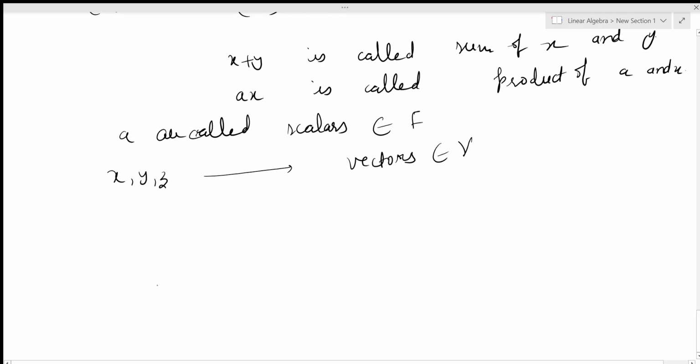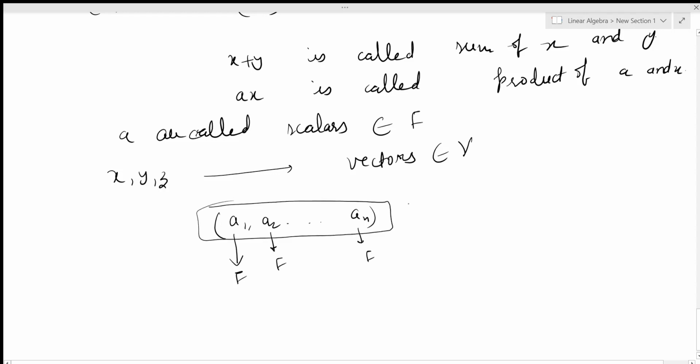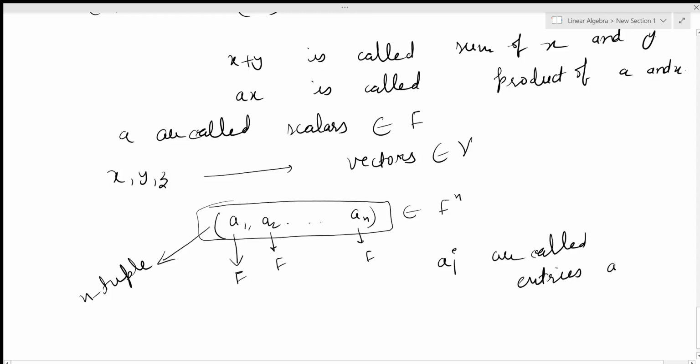I just want to explain one more thing. If you have a component like a1, a2, and so on up to an, each belongs to F, scalars, and the whole element belongs to F^n. This type of element we call an n-tuple, and these a_i are called entries or components.